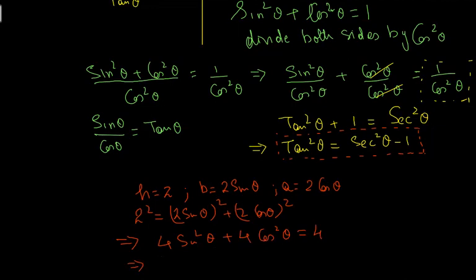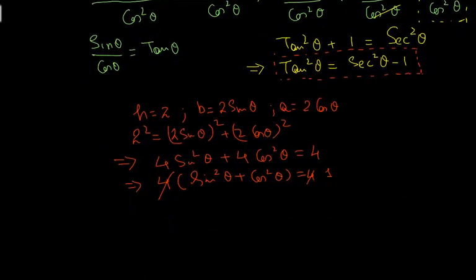What we do here is take 4 common, so it makes it sine square theta plus cos square theta is equal to 4, and we cancel 4 with 4, which makes it 1. So this equation now becomes sine square theta plus cos square theta is equal to 1.